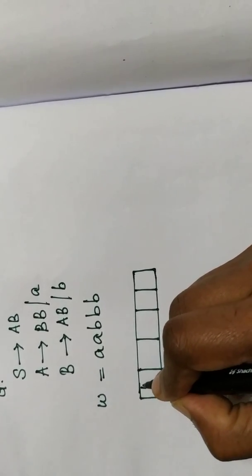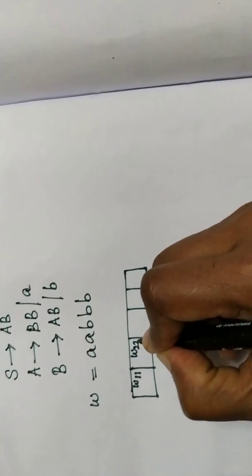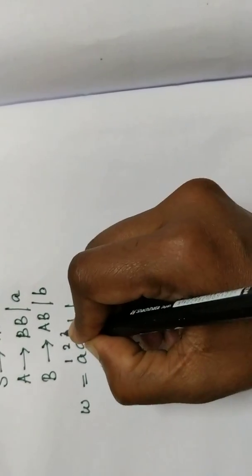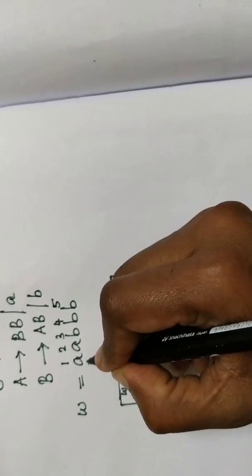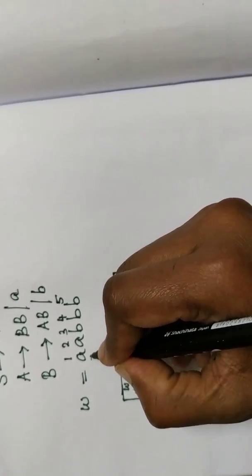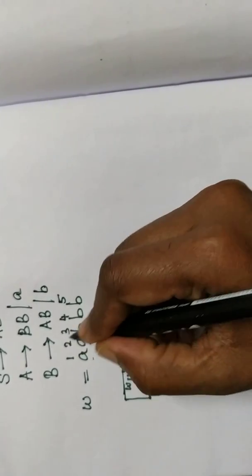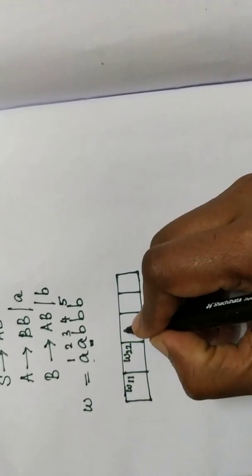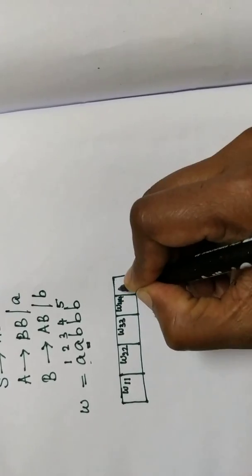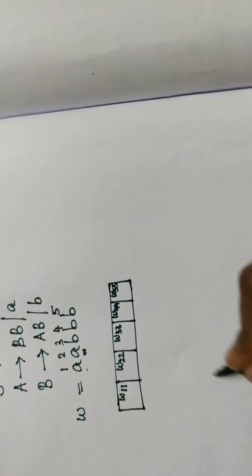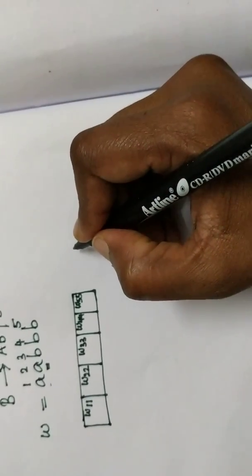So the first cell is W11 and then W22, and so on for positions 1, 2, 3, 4, 5. W11 represents the first substring of length 1. W22 represents the substring of length 1 from position 2 to 2. Similarly W33, W44 and W55. So the first row corresponds to substrings of length 1.